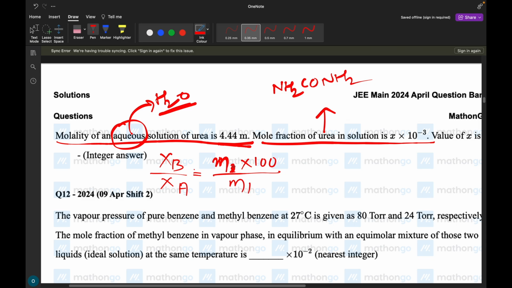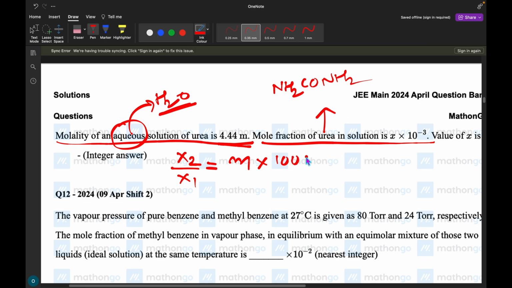We drew this kind of formula in the morning, remember? So this is equals to x2 by x1 equals to molality into 1000 by m1. This is the formula.